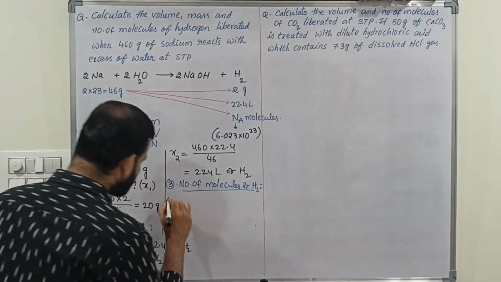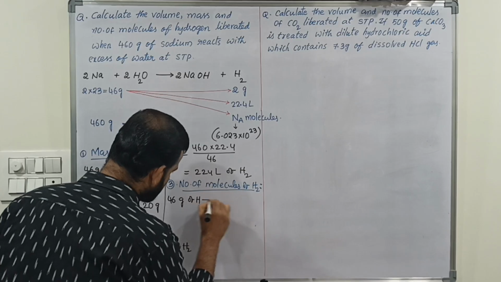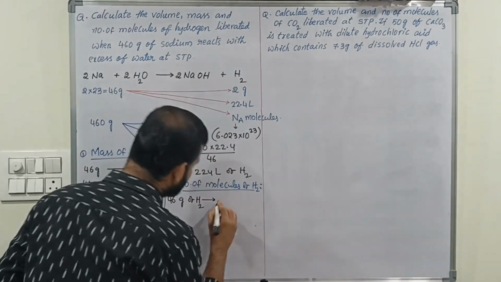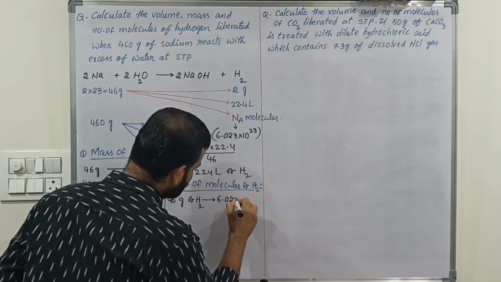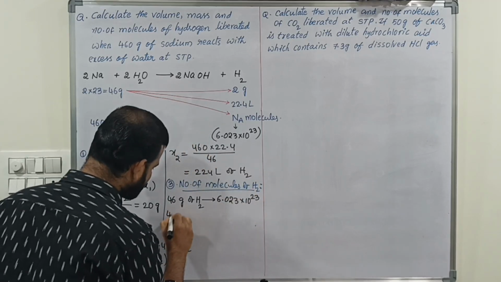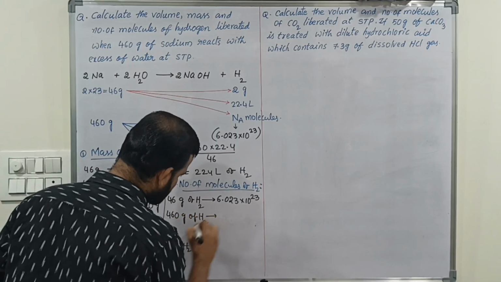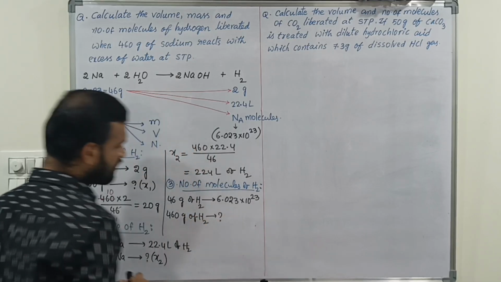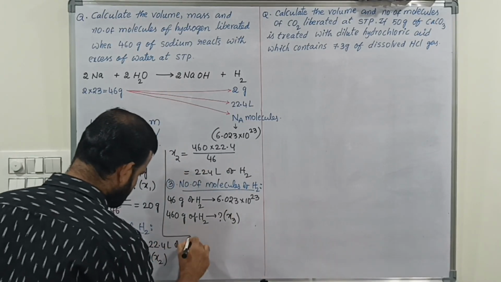We know that as per the equation, 46 grams of sodium gives Avogadro number of molecules of H2, so 6.023 into 10 power 23 molecules of H2. Then 460 grams of sodium gives how many molecules of H2? Let it be X3.